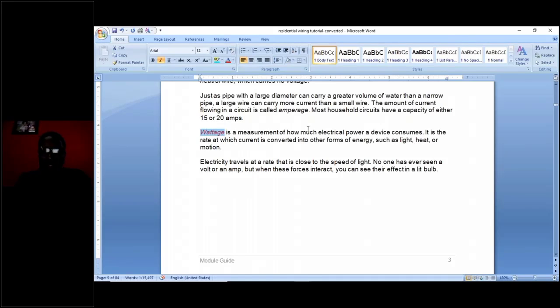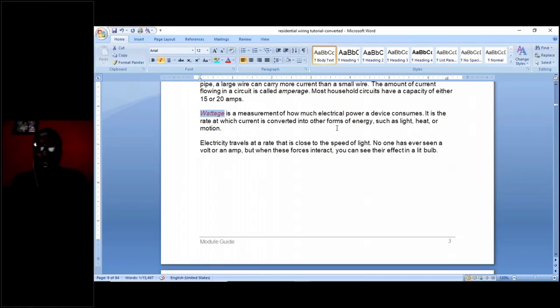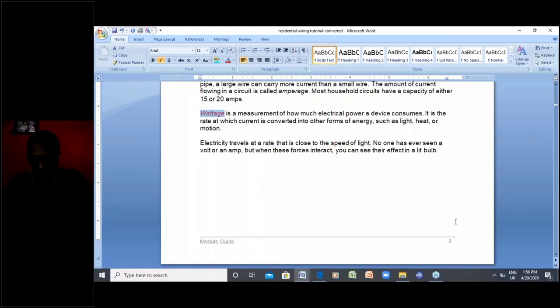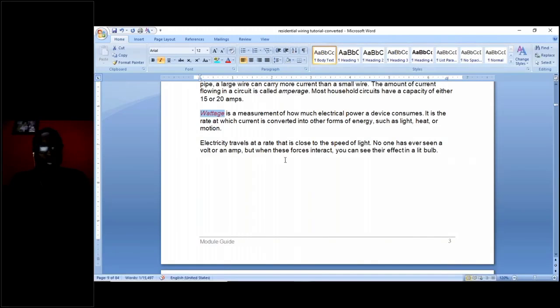So, like I said, watt or wattage is a measurement of how much electrical power a device consumes.